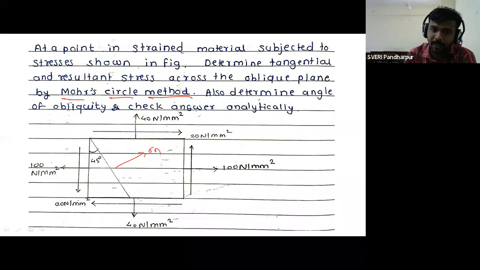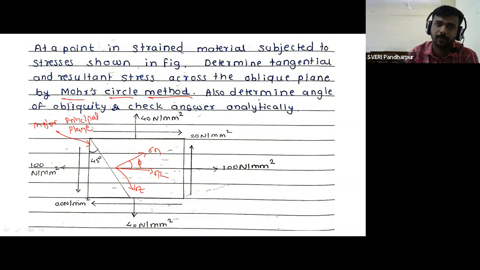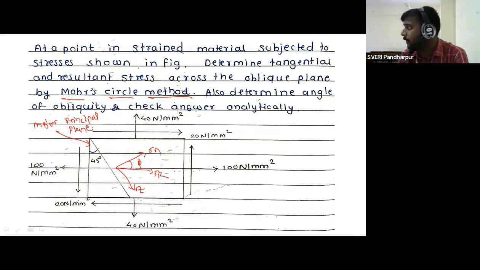We have to calculate sigma n, sigma t, sigma r, and the angle between normal stress and resultant stress will be phi. The inclination is already given with the major principal plane or vertical plane, so we can take this 45 as it is, as theta.